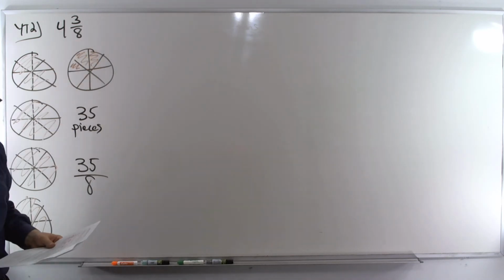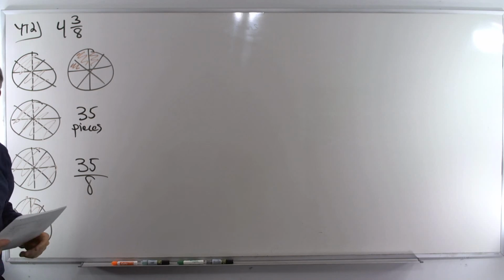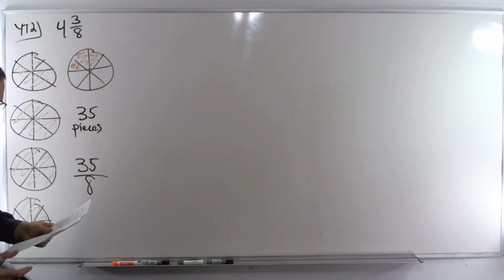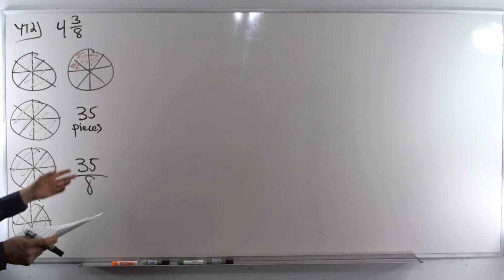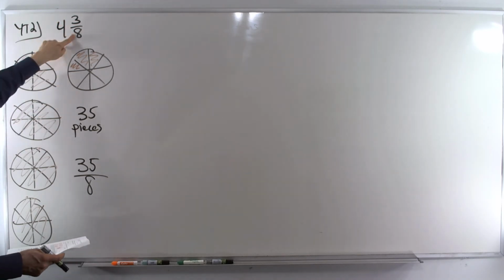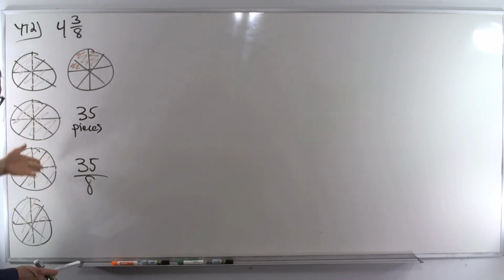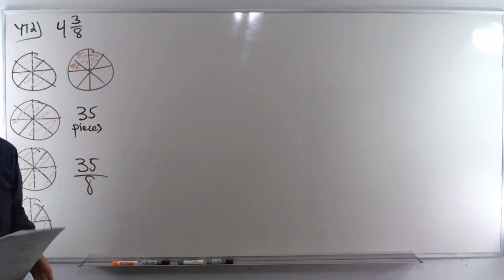And that's the procedure then for changing a mixed number to an improper fraction. First, multiply the whole number by the denominator, and then add the numerator. The sum we found goes in the numerator, and the denominator always stays the same.